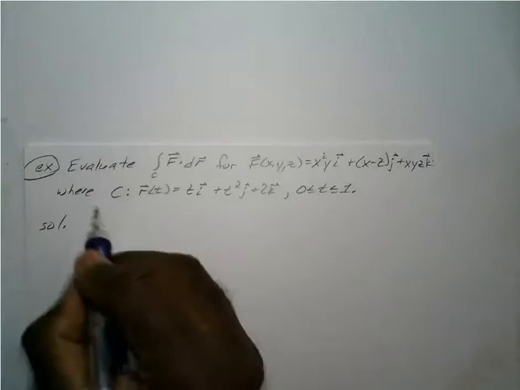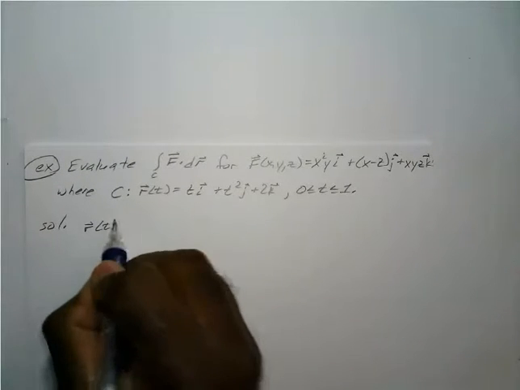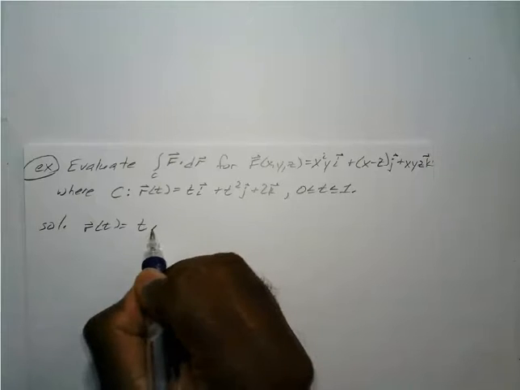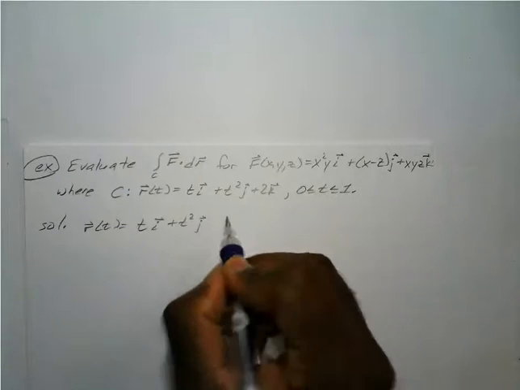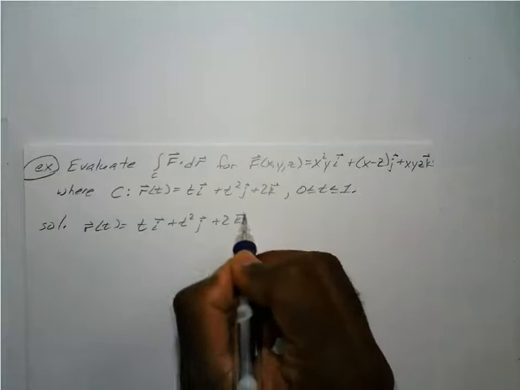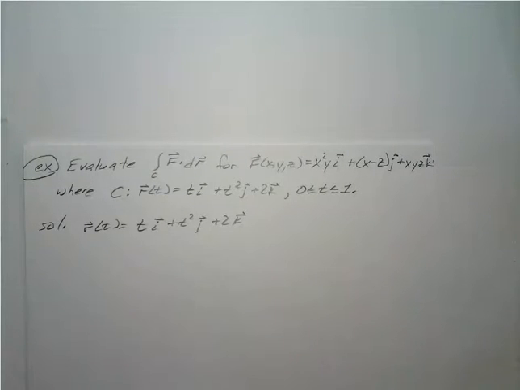All right, so just like before, you know our curve, t times the i vector plus t squared times the j vector plus 2 times your k vector.